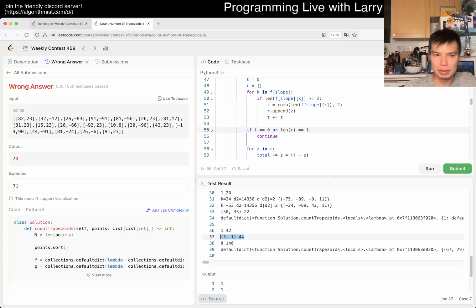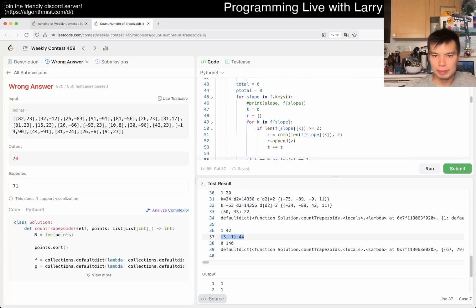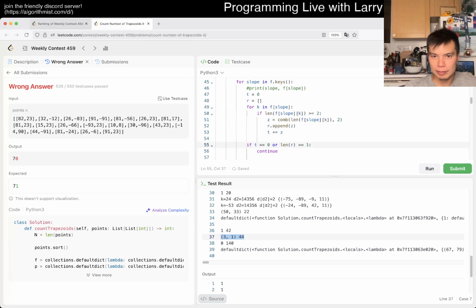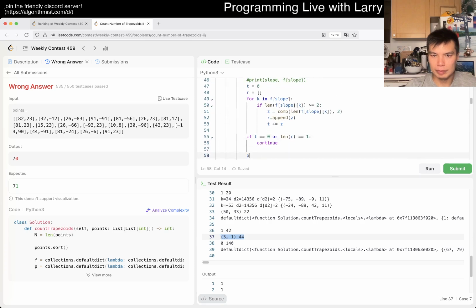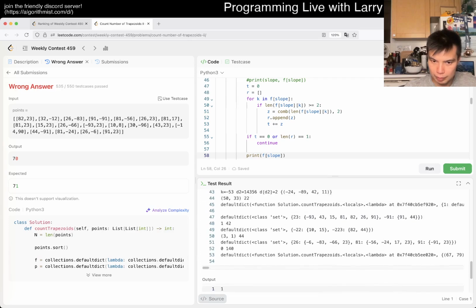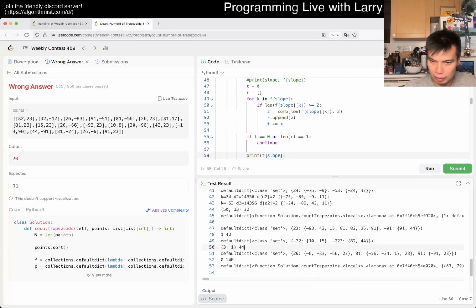This one has one. Okay, so it's just one. There's no weirdness about it, I suppose. This one has 4, 5, 6, 7.